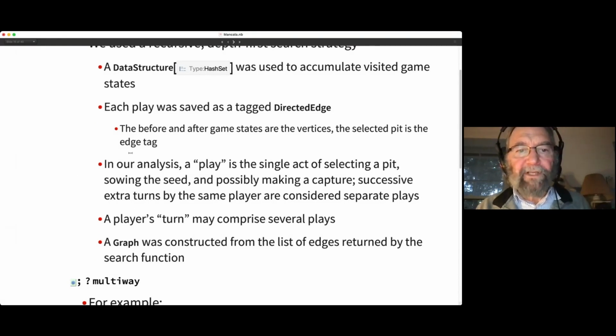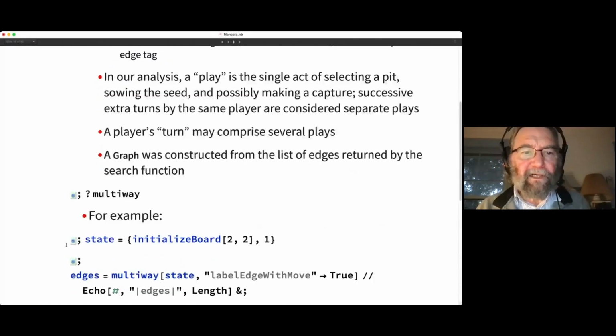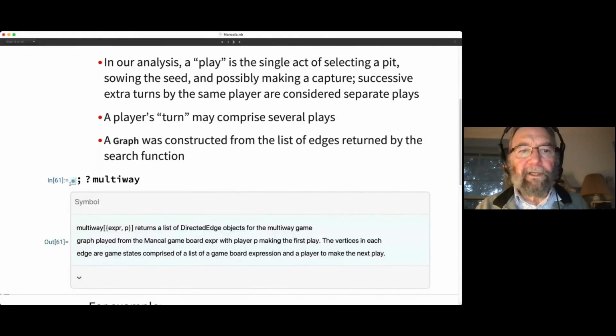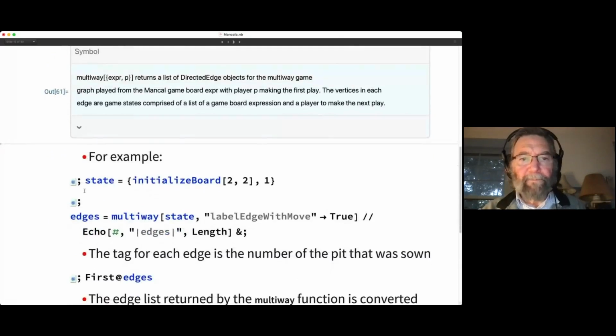Once we have all these edges, we can then construct a Wolfram language graph and visualize that and compute paths and path lengths, and study the game that way. So the multi-way function is what is used to take an initial game state and then find all possible game states that can be derived from that for a given set of rules.